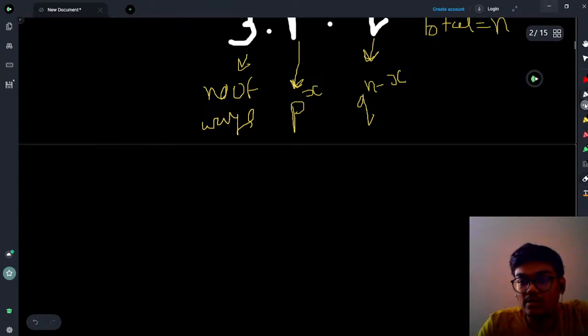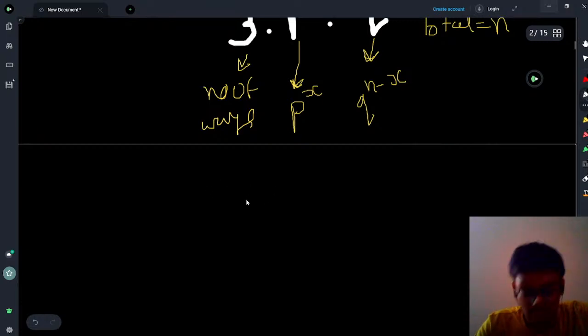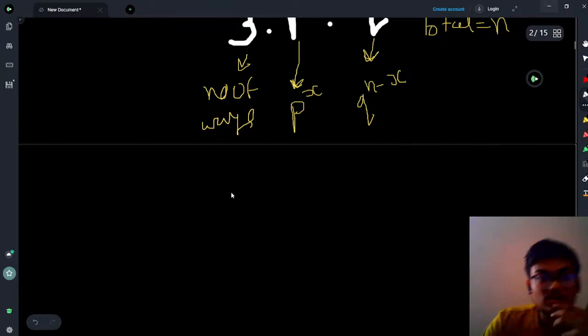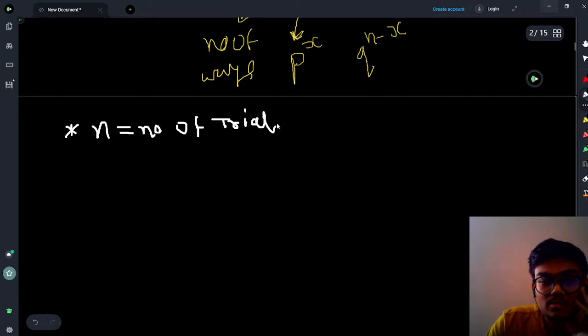Now let me write the formula of the binomial distribution properly. First, n. What is n here? N is the number of trials.